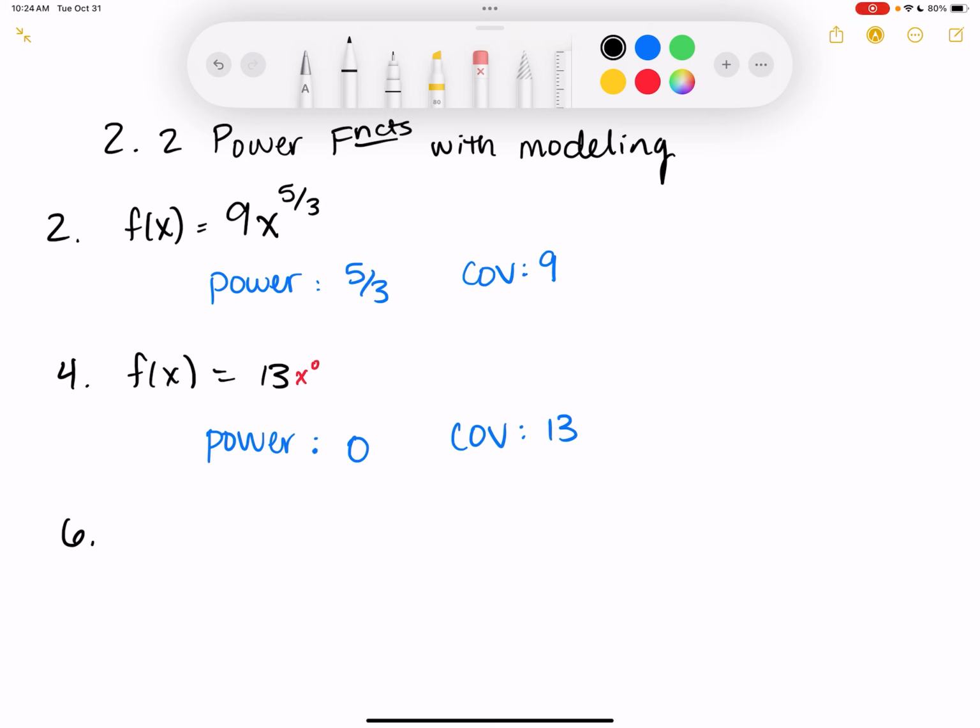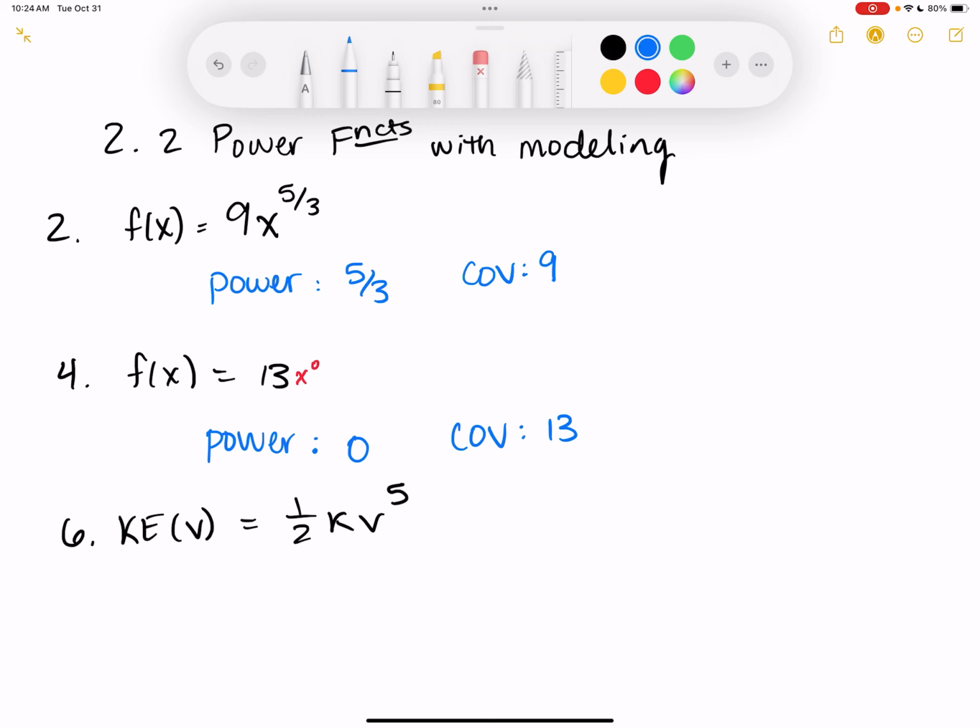6, V of k is equal to 1/2 k v to the 5th. And just to reiterate, c, g, k, and pi are constants. So is this a power function?